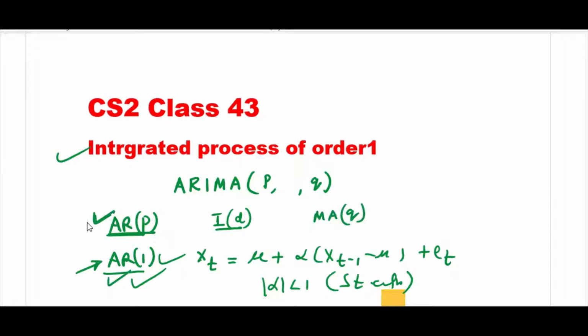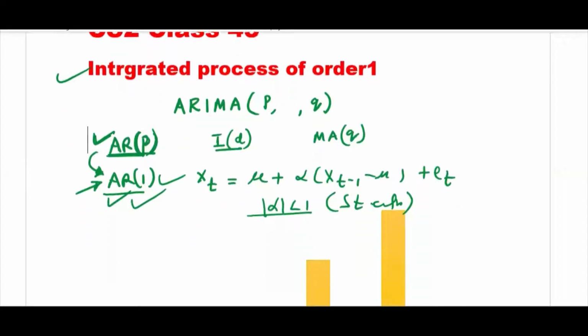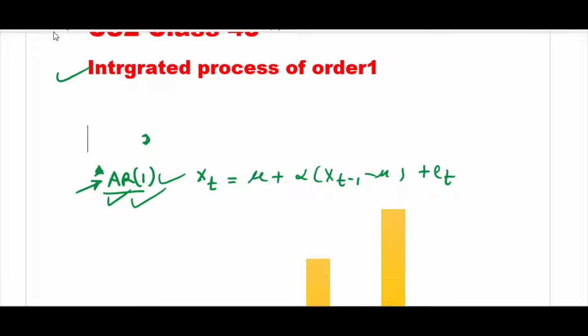Auto-regressive, you are familiar from regression. So this is what we are doing now. We have completed last time about AR(1). AR(1) is stationary when mod alpha is less than 1. In today's class, I want to consider consumer price index.